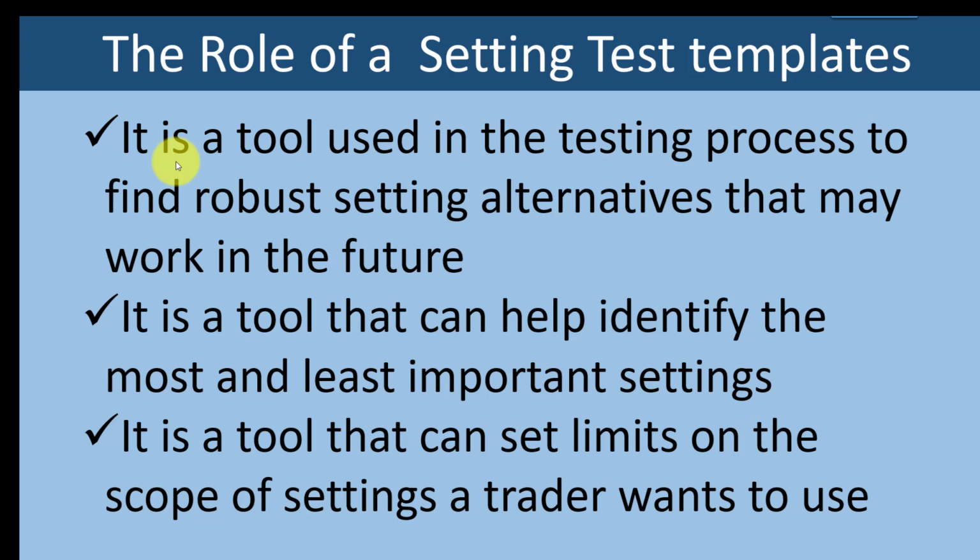Now, what a lot of people do is they just go for the result that's got the highest outcome, and that is by far probably the worst settings that you can go for. So selecting those settings is a topic for one of the future videos, but this is the starting point. If you have a bad setting test template, you're going to generate bad alternatives.